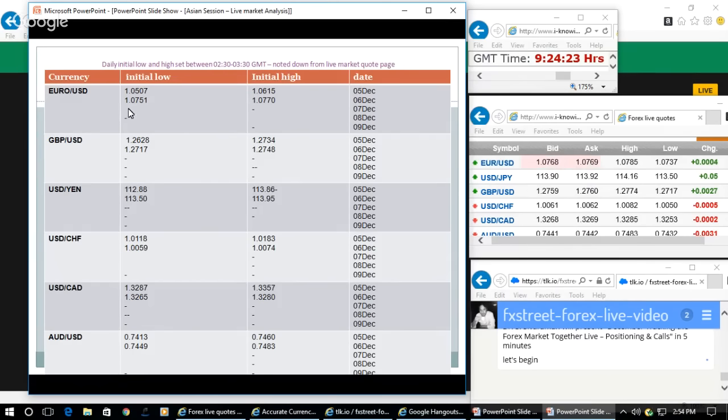So they made a brief downward stop and an upward stop, and are staying in the middle, below the initial high. In the case of GBP, 1.2717 was the initial low that has not been breached, and 1.2748 is the high. They breached the high and went above to 1.2774, and came below, still holding above 1.2748.